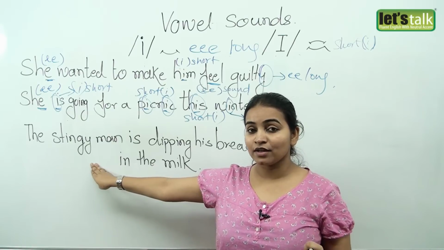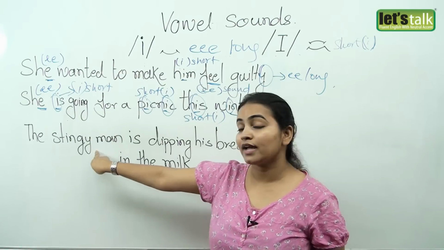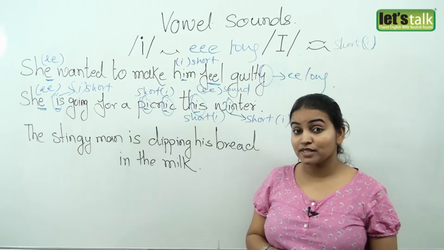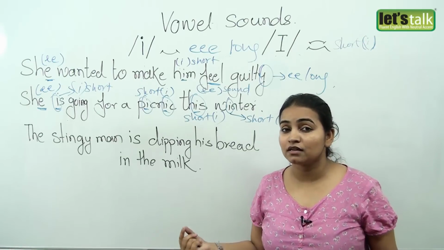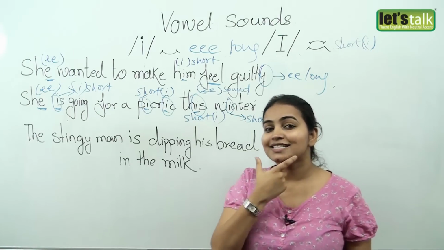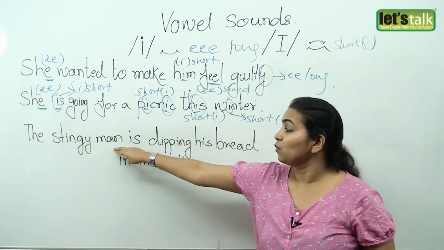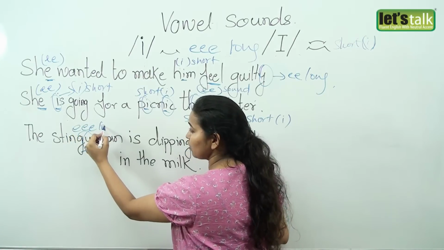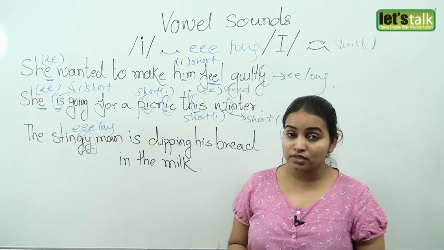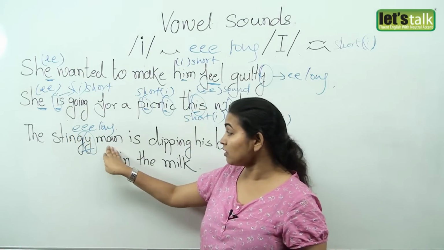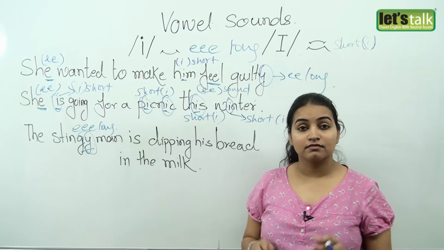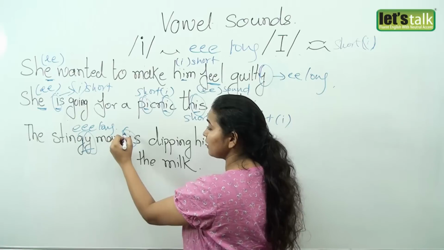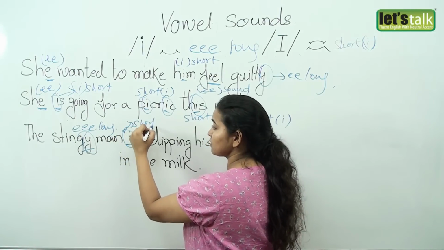Did we just say that words with the Y at the end of it have the E sound? Yes, we did. So stingy, watch the lip movement. I say stingy, with the Y at the end of it giving me the long E vowel sound. Man is, the I sound produced by the I in the is.